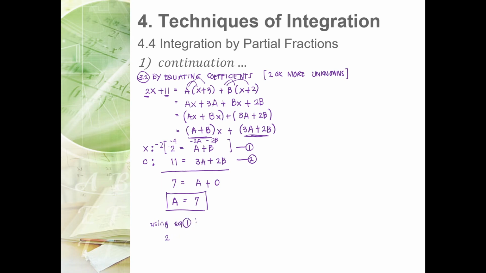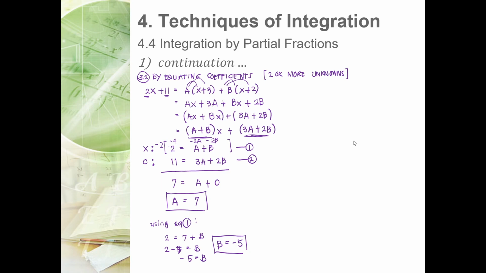That's 2 is equal to 7 plus b. So 2 minus 7 is equal to b. That will be negative 5 is equal to b. So b is equal to negative 5. I think that's the same answer as earlier.